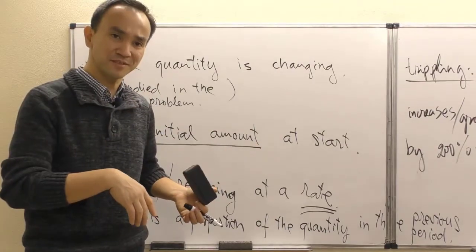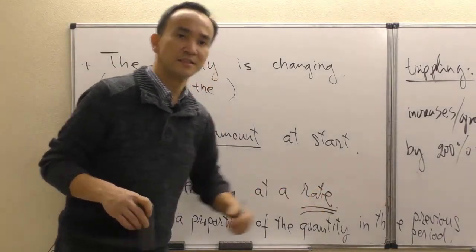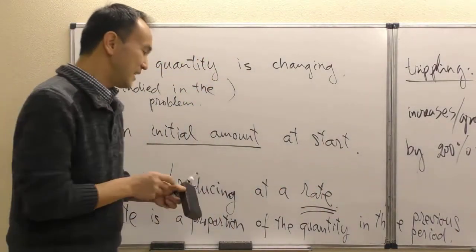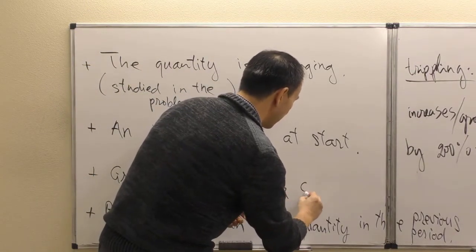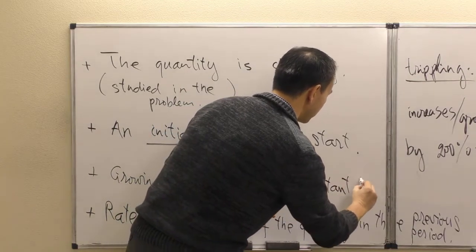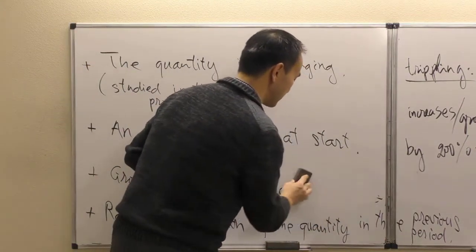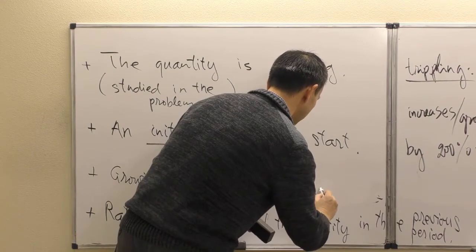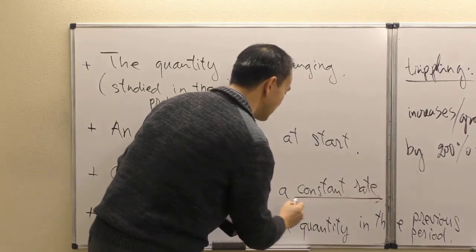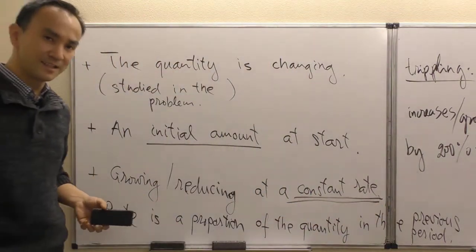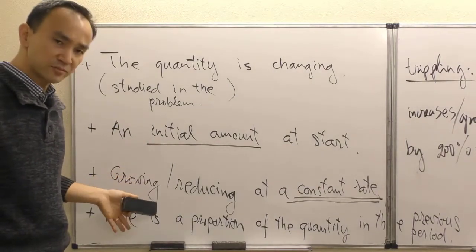So the rate is a proportion of the quantity in the previous periods. And the rate here is a constant rate. Double underline that. These are some of the major characteristics of these problems.